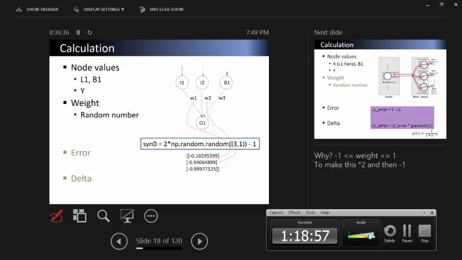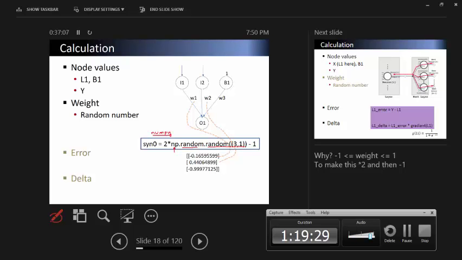This can be calculated in this way. This is the numpy module. NP is numpy in Python. You have to import that. It has a random function.